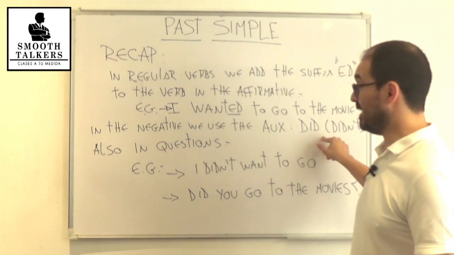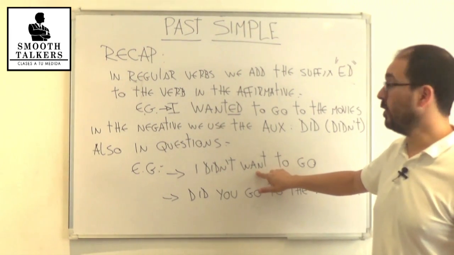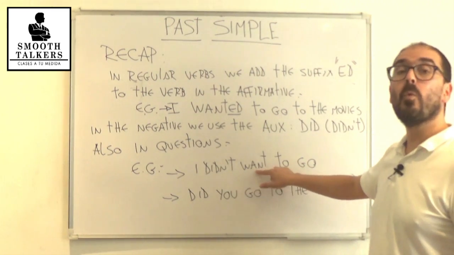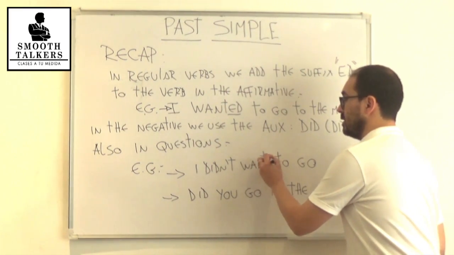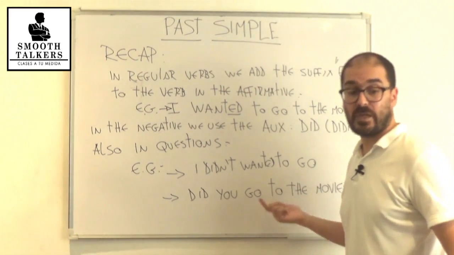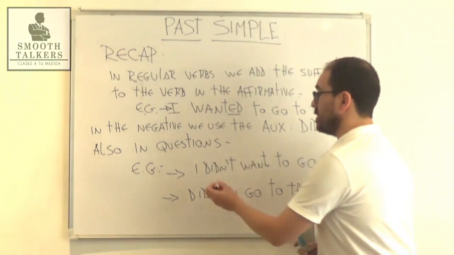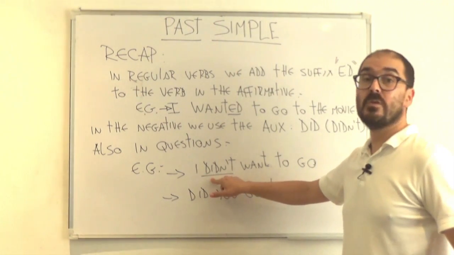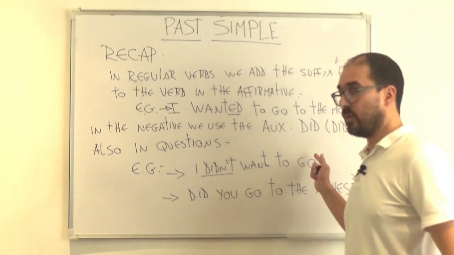Well, in this case, didn't. But we're going to keep the verb in its original form. So the negative phrase goes, I didn't want to go. This is a common mistake. Some people say I didn't wanted, but that's not correct. Okay? All we need to do is to change the verb, in this case the auxiliary verb, to the past tense, and we're set. I didn't want to go.